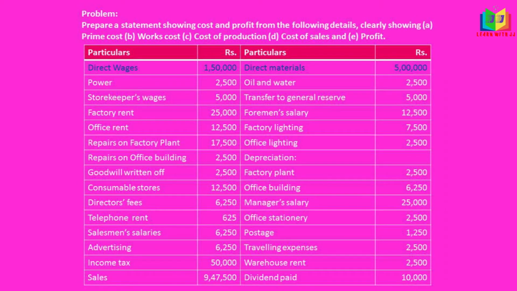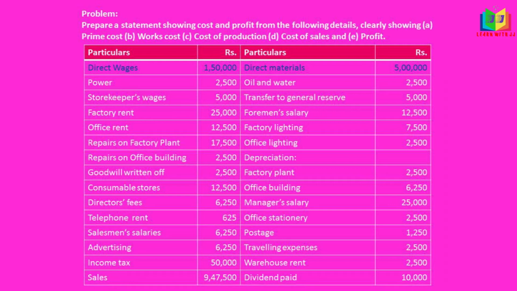For calculating the prime cost, we need to know the direct material, direct wages, and direct expenses. In this problem, we have direct material 5 lakh and direct wages 1,50,000. But I think we don't have any information regarding direct expenses, so we'll stop up to this.